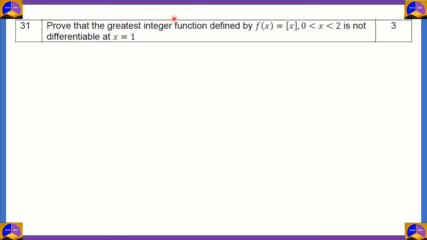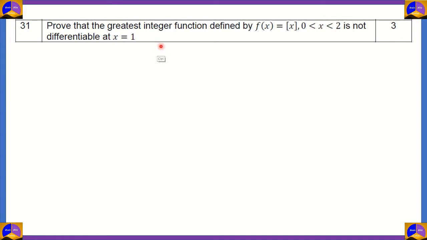So now let's move on to the first question. The first question is: prove that the greatest integer function defined by f(x) equals [x] such that 0 is less than x less than 2 is not differentiable at x equals 1.